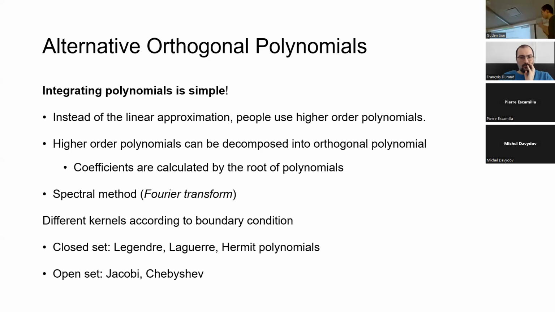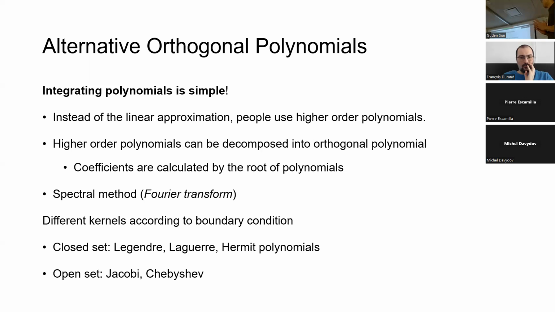If we imagine more widely, higher order polynomials can be decomposed into orthogonal polynomials. And this is actually a spectral method: we approximate each small interval by mapping it into a generalized spectrum, and the spectrum is defined by orthogonal polynomials.